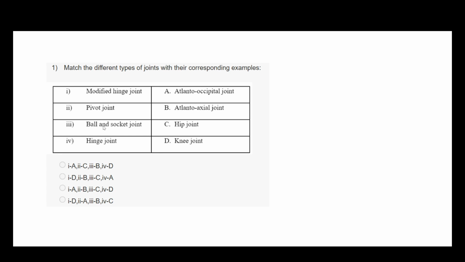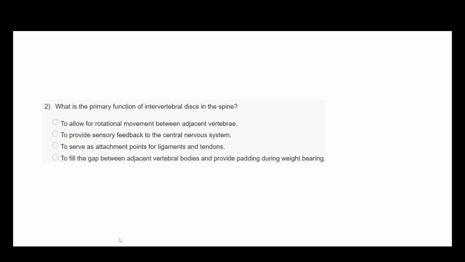Ball and socket joint is the hip joint, and a pivot joint is the atlantoaxial joint, which is here in the neck. And modified hinge joint is the atlanto-occipital joint, which basically holds the skull in position. So the answer is 1A.